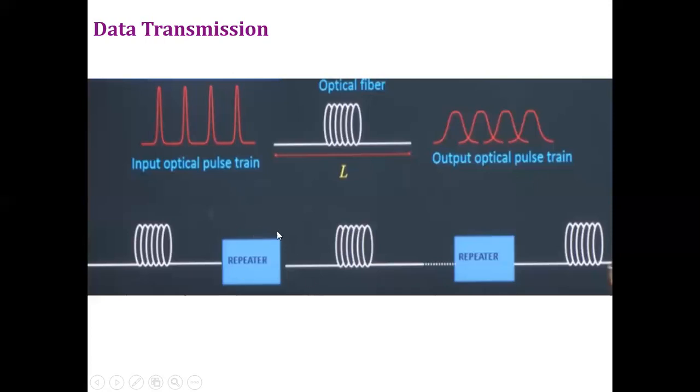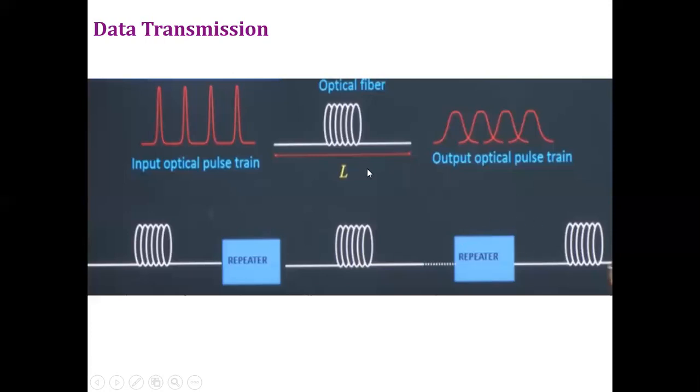We know the repeater is used to amplify our signal. So in a communication link, you send pulses through an optical fiber, and then after a certain distance we have to reshape the pulses and bring them to their original form, and then we again send them to the next segment, and then to the next segment, and so on.